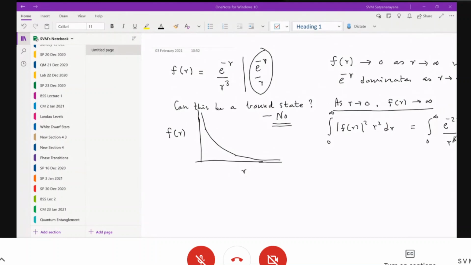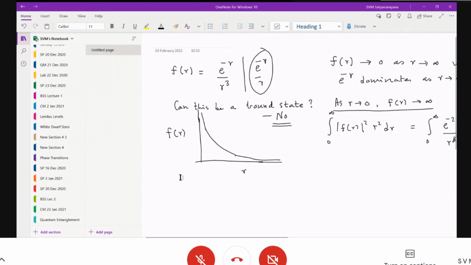Sir, I had a doubt in the same question. The answer given for the question was that the allowed wave function for the particle in a bound state is N e raised to minus alpha x, e raised to minus beta into x square plus y square plus z square.